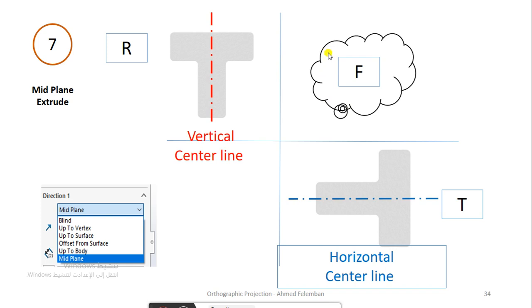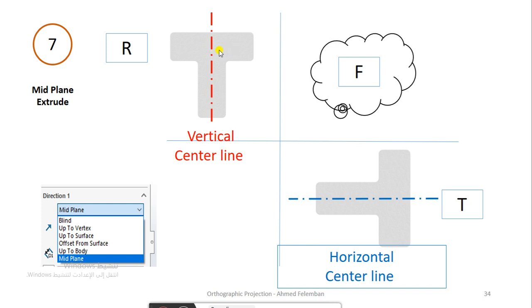Now suppose that we have any drawing in the front. If we see in the right a symmetric shape, like here in this example we have a T shape, you have to draw a vertical center line in the middle of this part.